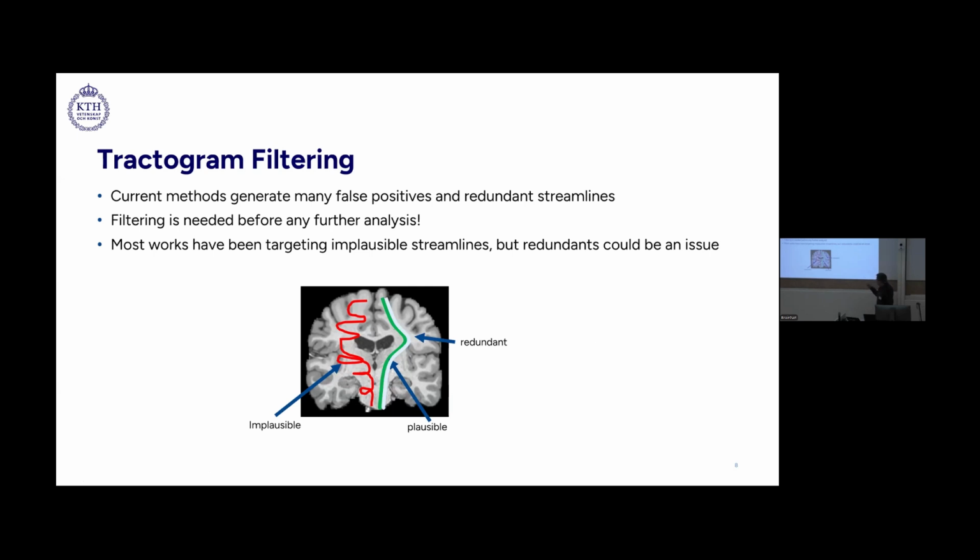But the problem is also that since the method does a similar approach several times, you can end up with very similar streamlines, these redundants. And this is a problem, because then you can destroy your statistics when you're creating your graph.